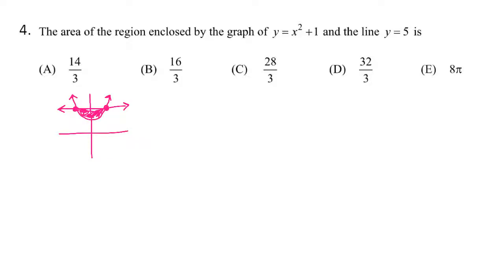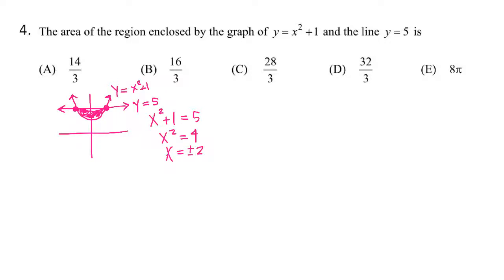So we do need to set our two functions, y equals 5 and y equals x squared plus 1, equal to each other and solve. And notice we have x squared equals 4, so x is plus or minus 2. So there's our two endpoints.